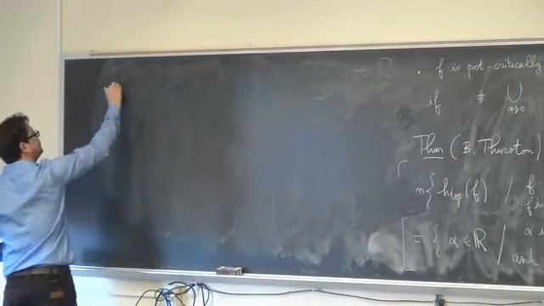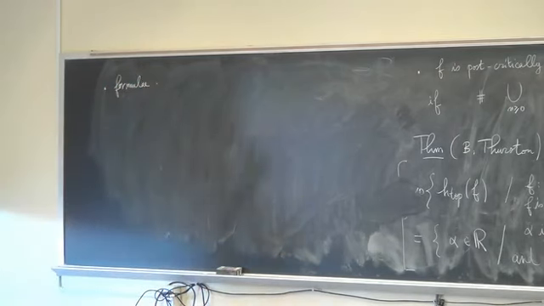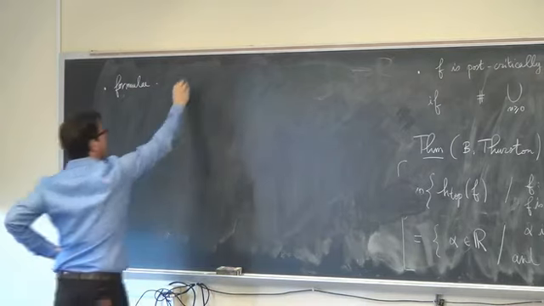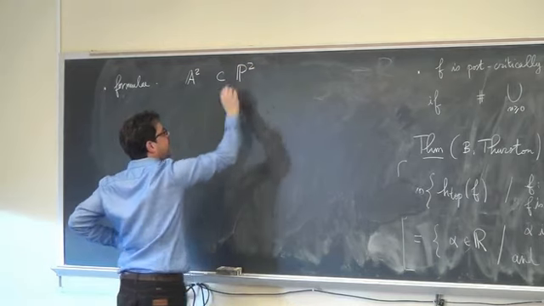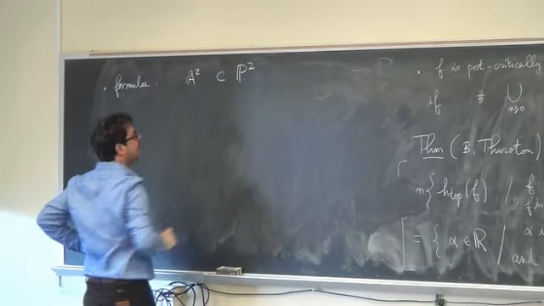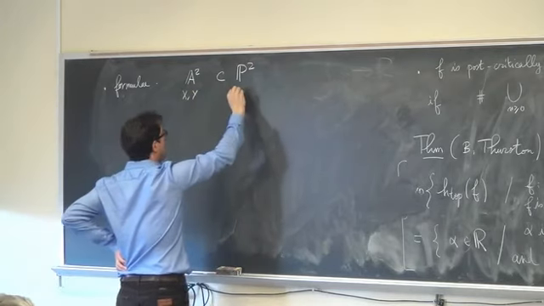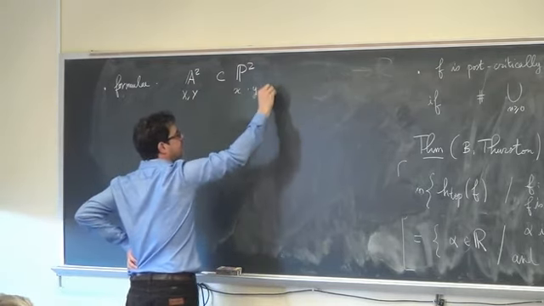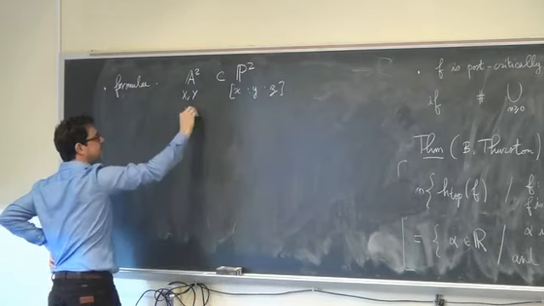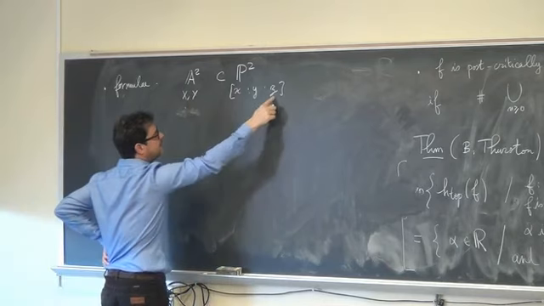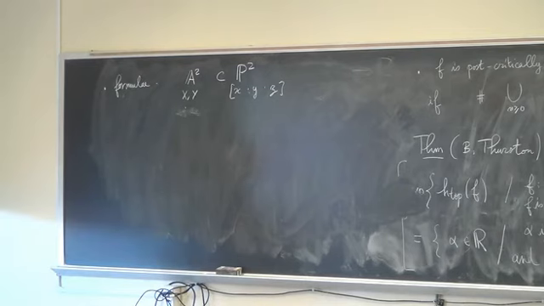The second definition is with formulas, and for that it's better to work not in the affine plane but in the projective plane. The projective plane is just the affine plane with a line at infinity. Here I have affine coordinates x, y. Now I have homogeneous coordinates x, y, z, where when z is 1, capital X, capital Y corresponds to x, y.